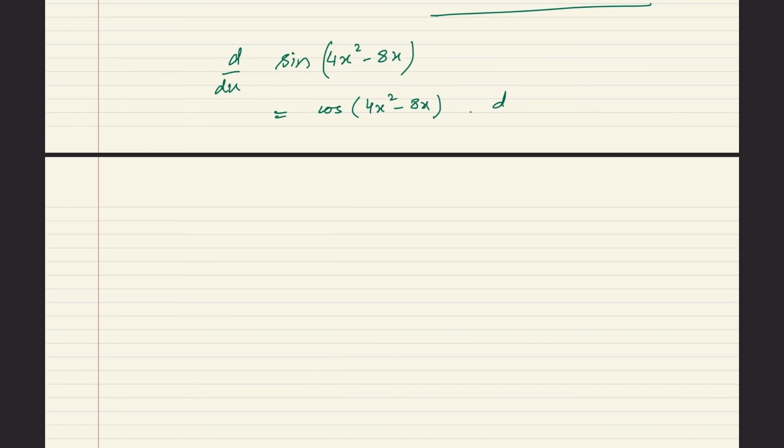But after this, we take the derivative of the inside function, which is 4x square minus 8x, and the derivative of it will be 8x minus 8, as we have already learned in AS. I said always write this 8x minus 8 before cos, because if you write it with the angle, it means that this is multiplying with the angle. So this is your answer.